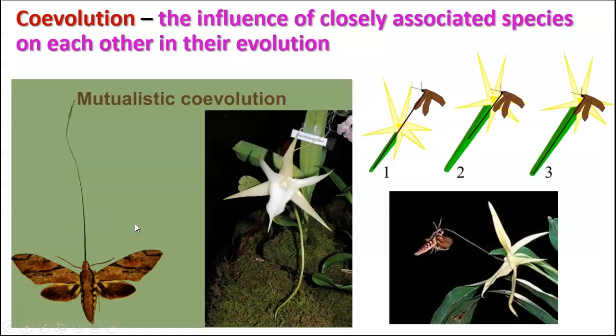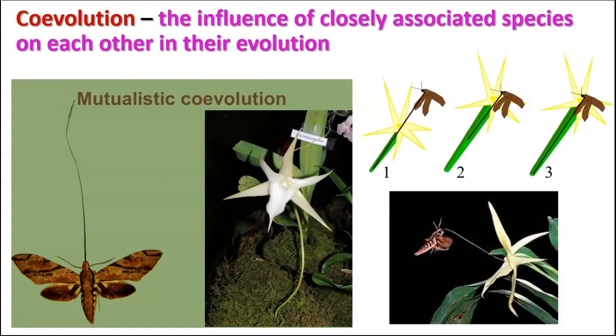So coevolution is when you've got species that are closely associated with each other, and they influence the evolution of each other this way. There are lots of examples of insects, flowers, and the specific pollinators that can pollinate them. The best example here, I think, is an orchid that was seen by Darwin back in the mid-1800s.